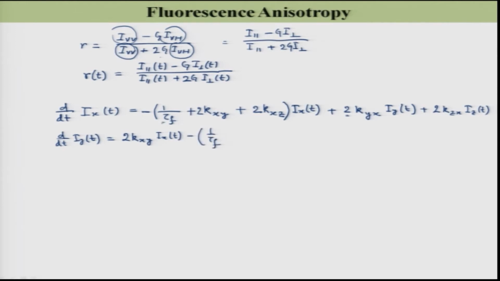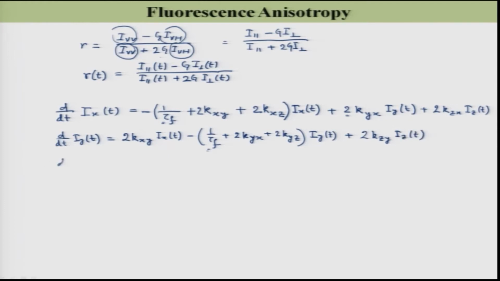Here, this tau f and this tau f have to be the same because they are the same molecule, plus 2 k y x, this is from y to x, plus 2 k y z, this is from y to z, I y t, plus 2 k z y I z t.